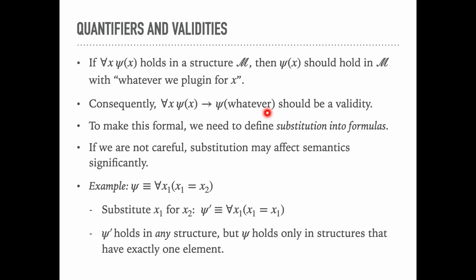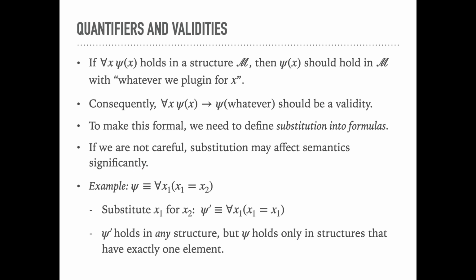However, of course, this is not a formal expression at all. So to make this formal, we need to define substitution into formulas, because this "whatever" should then be formally defined in terms of substituting something for x. However, there are a few pitfalls, and if we are not careful, substitution may affect semantics significantly.